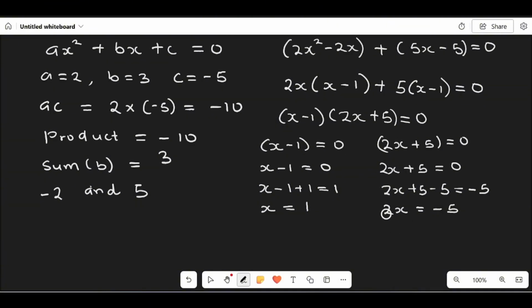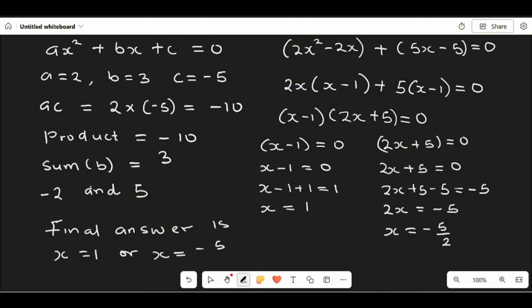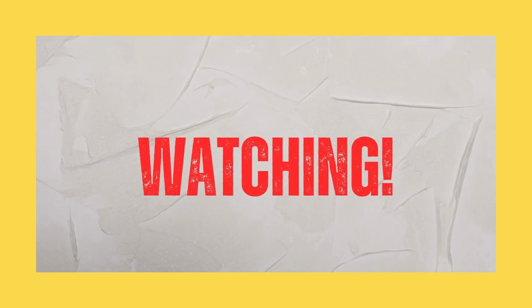Divide both sides by 2. x equal to minus 5 over 2. Final answer is x equal to 1 or x equal to minus 5 over 2.